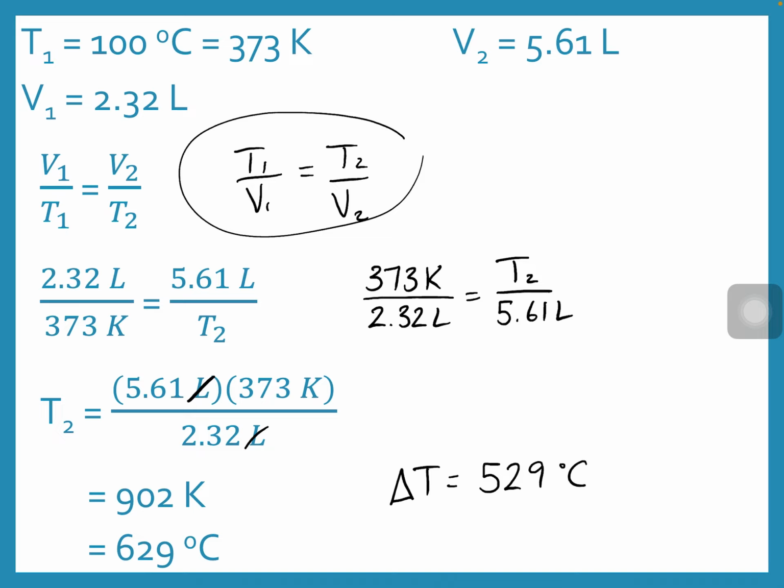What you will notice is that because each degree Celsius is the same as 1 Kelvin, the difference between 902 and 373 would also be 529. So you don't actually have to convert back to degrees Celsius here. You just have to make sure that you are doing your subtraction with either both Kelvin or both degrees Celsius.